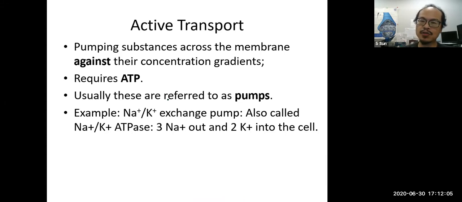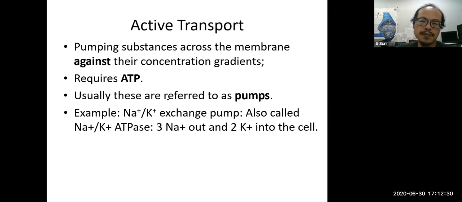Another type of transport is active transport. This one requires ATP, and this one can move substances from low concentration to high concentration. So this one is also called a pump.